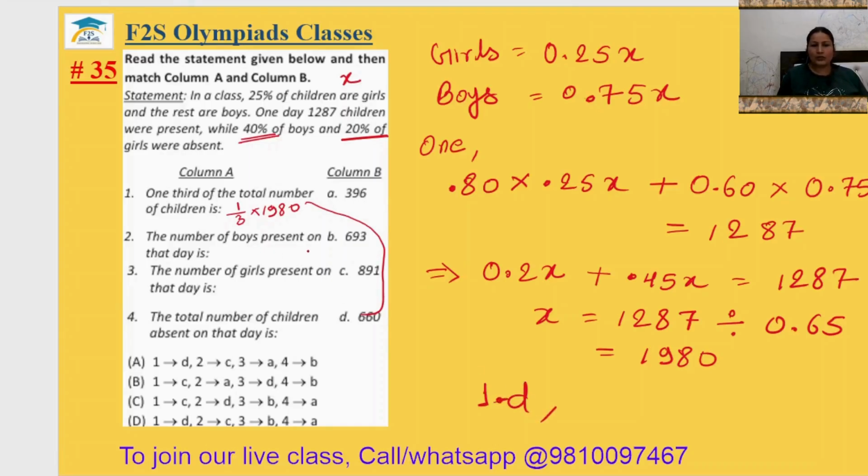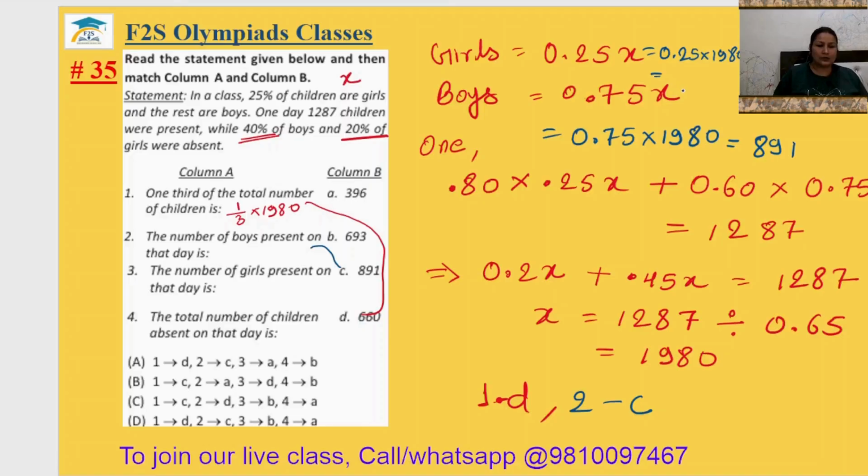The number of boys on that day will be 0.75 multiplied by 1980. This is equal to 891. So it matches with C. So 2 will be C. The number of girls on that day is 0.25 multiplied by 1980.